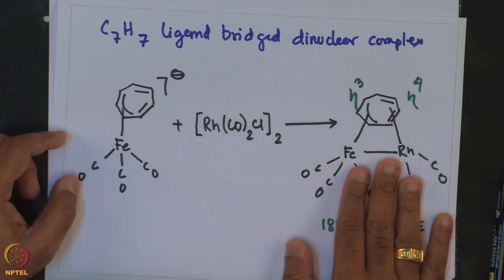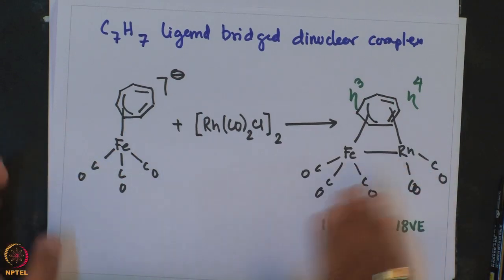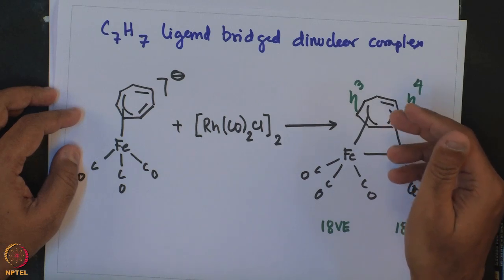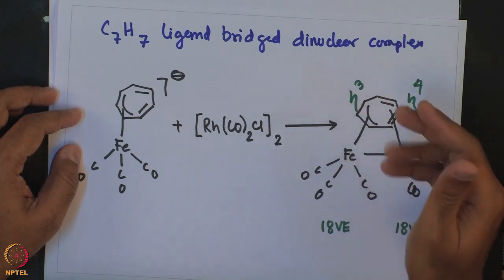So, this example is interesting in three ways. First, the C7H7 ligand can indeed bridge, and the bridging can lead to splitting of eta 7 into eta 3 and eta 4. Second, it can support heterobimetallic dinuclear complexes. And last of all, there is also an interesting metal-metal bond formed in this complex.